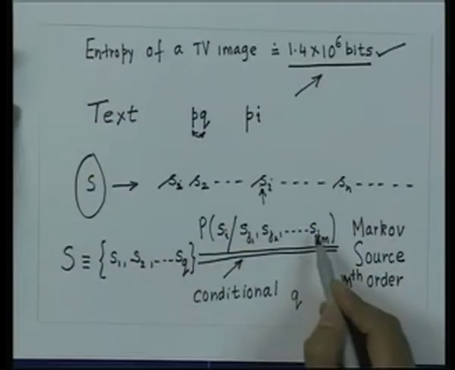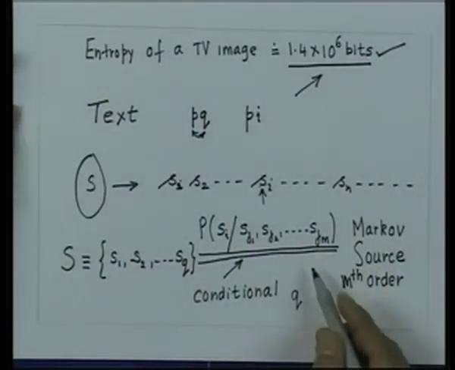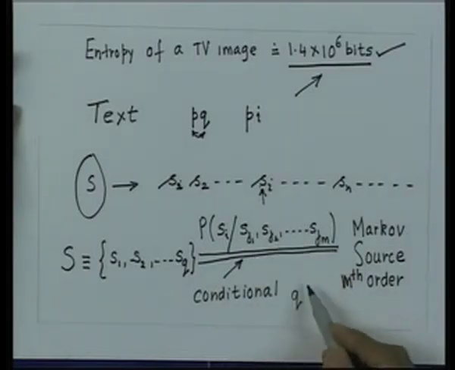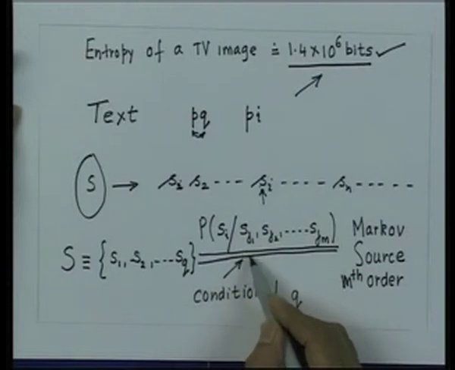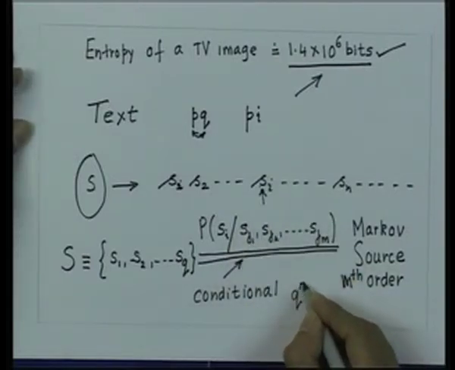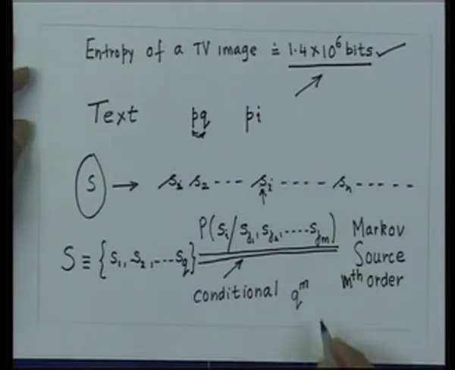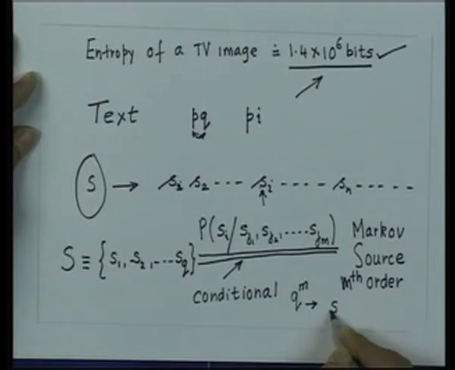Therefore, the number of possibilities of these m preceding symbols will be q raised to m, and each of these possibilities is known as a state.